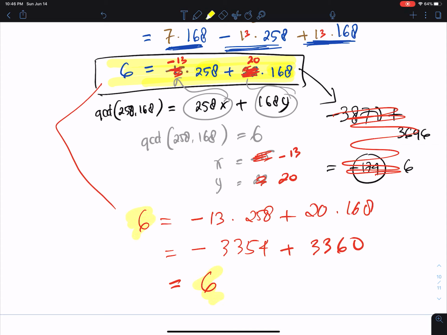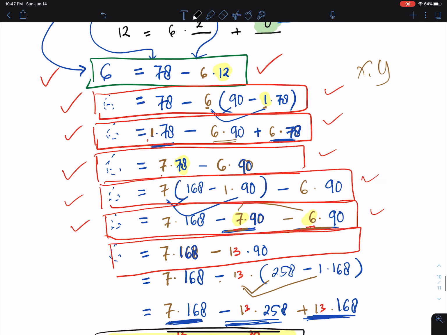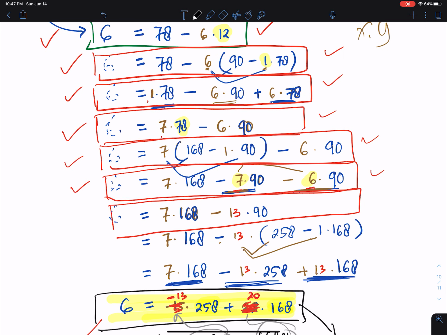But by doing this method, in terms of time consuming, this one will be faster. Okay, right, so you can try to replay the video and see the calculations or the process starting from earlier until we get the GCD and we get the X and Y.